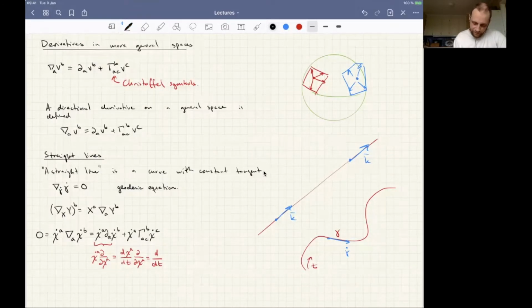So if we use that, this is chi double dot^B, the second time derivative of the coordinate, plus, and I'm just going to rearrange the terms a little bit here, I put the Gamma first, chi dot^A, chi dot^B, and this should be equal to 0. So this here is the coordinate form of the geodesic equations, and we should remember this form for later. So if you have a curve given by these coordinate functions of the curve parameter t, and those coordinate functions satisfy this equation, then the curve is a geodesic.